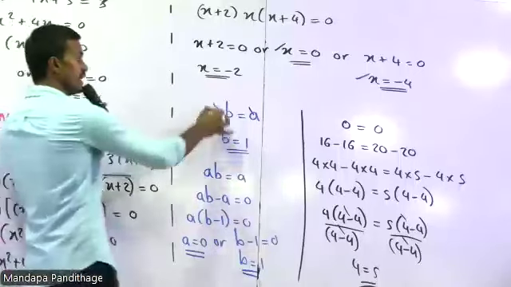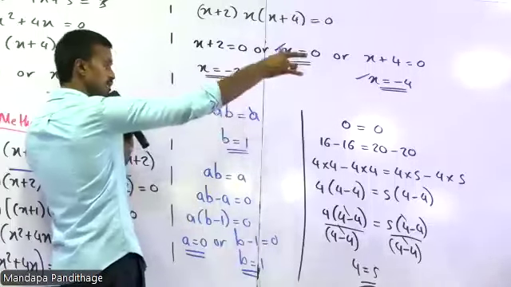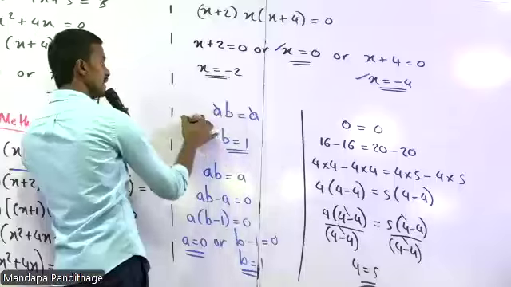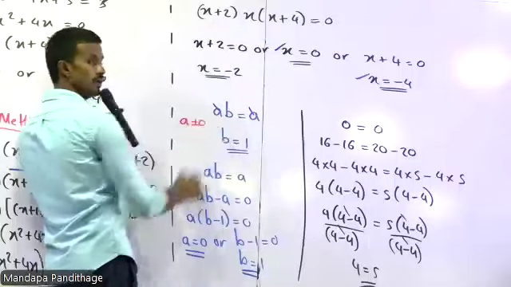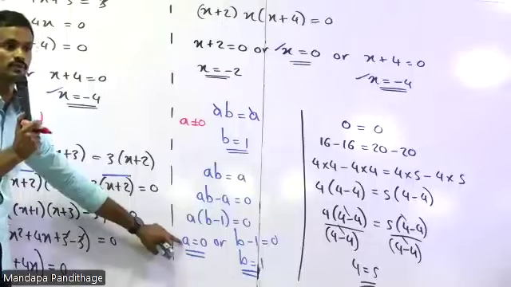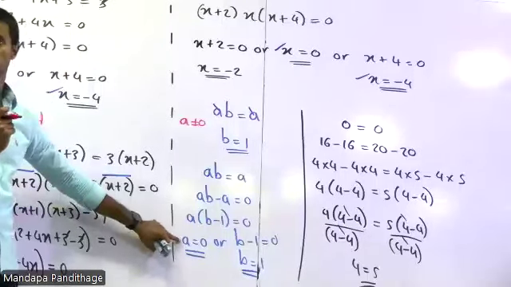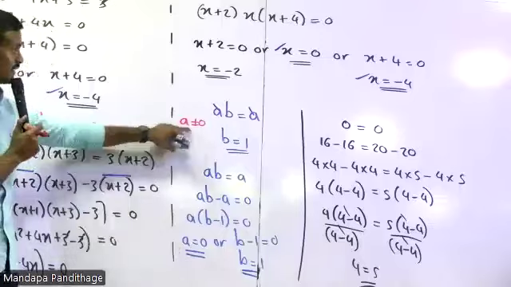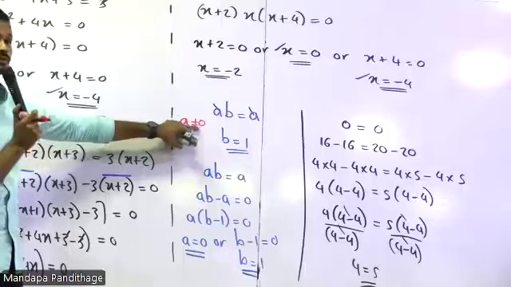And that's why you are not getting the answer that A is equal to 0. That is why one answer is missed, because you have assumed that A is not equal to 0.